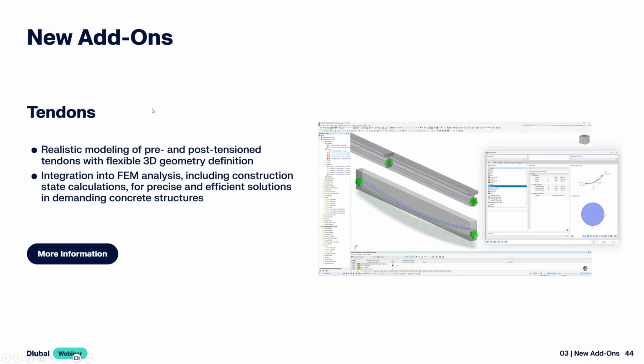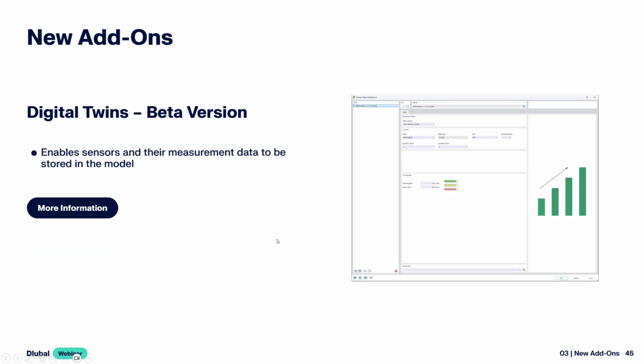It's currently in the beta status, but it works already fine. We have already 2 customer projects, and they used the tendons add-on and got very good results. Then the digital twins that enable sensors and their measurement data to be stored in the model.